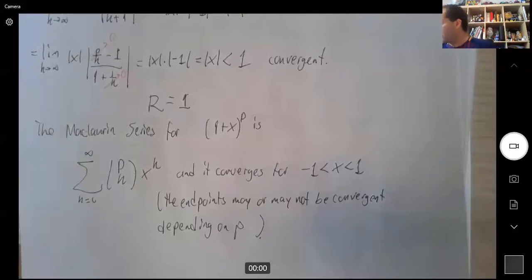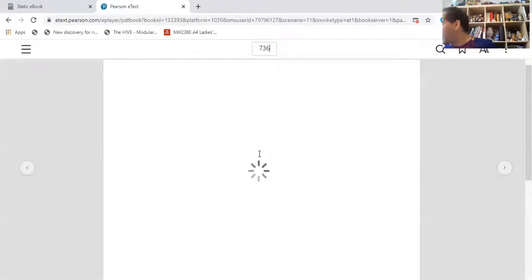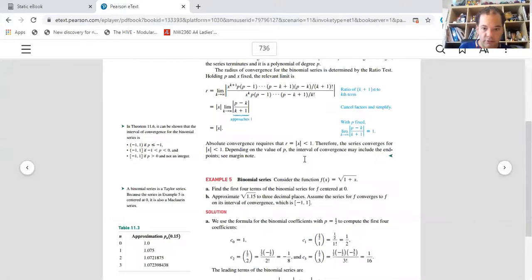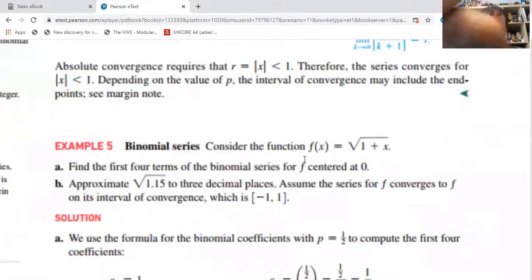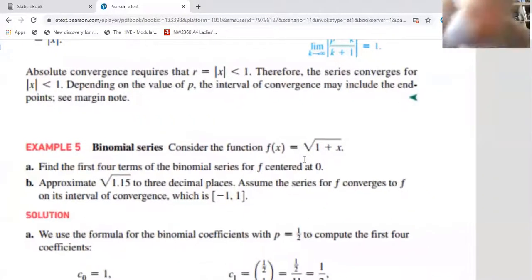All right, so let's take a look at example 5. Let me see if I can put it in the book. All right, example 5, right there.